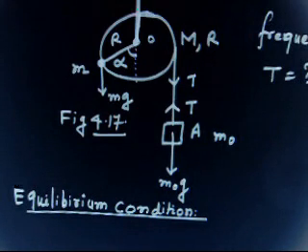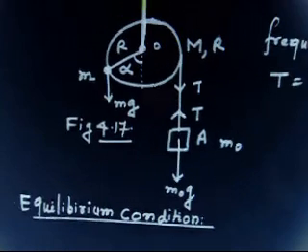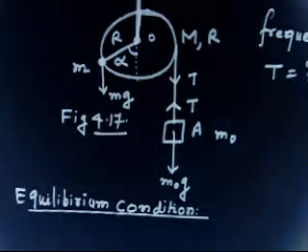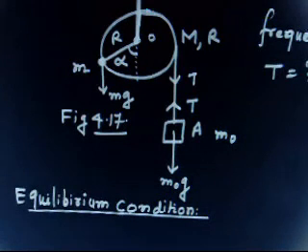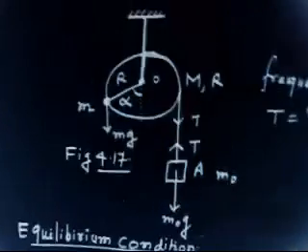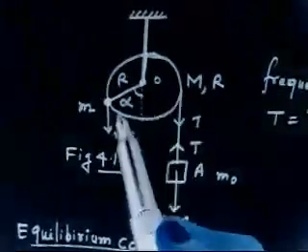This time it will be obtained by summation of torque equals 0, because this system is in rotational equilibrium. When your system is in translational equilibrium, we write summation of forces equals 0. When your system is in rotational equilibrium, we write summation of torque equals 0. This means this side torque equals this side torque.